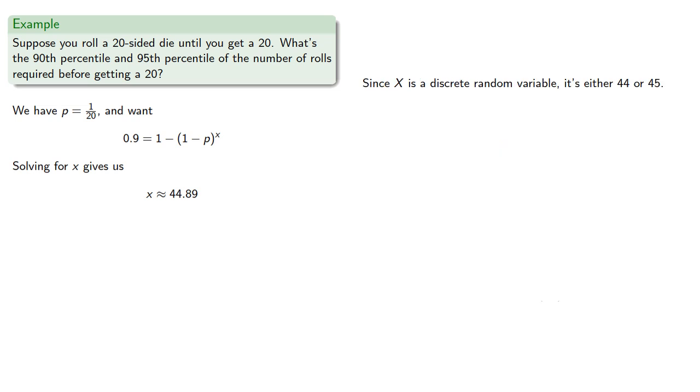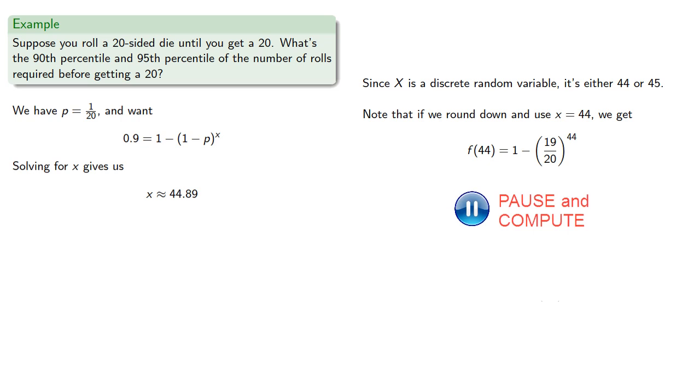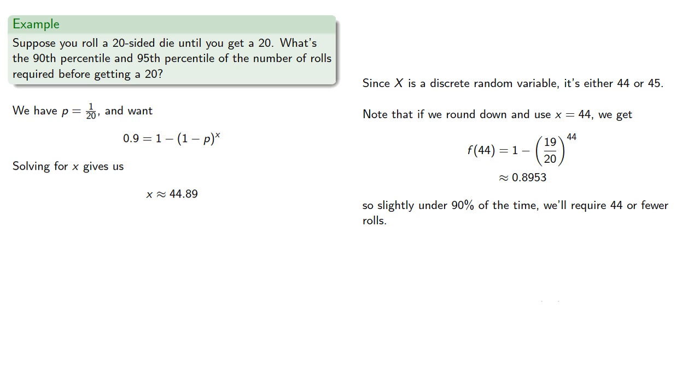Since x is a discrete random variable, it's either 44 or 45, and the important thing here is that the rounding rules won't actually help us. So even though this would round up to 45, it's possible that 44 is the answer. So we have to verify. Note that if we round down and use 44, our cumulative distribution is going to give us, so slightly under 90% of the time will require 44 or fewer rolls.